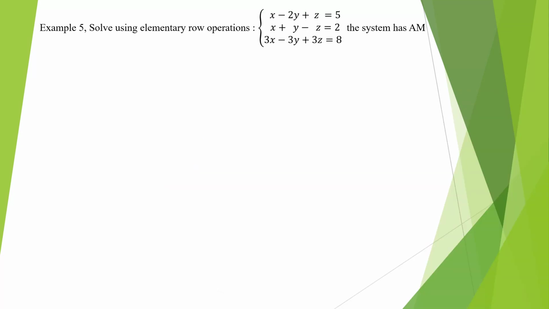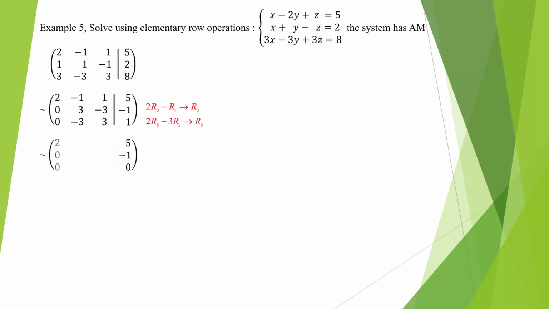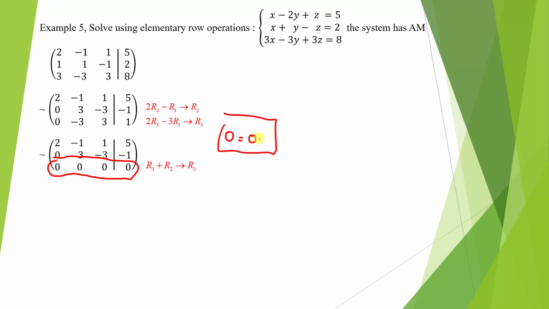And another point, like this one: if row 3 has left hand side 0 and right hand side 0, it means that 0 is equal to 0. 0 equal to 0 means the system is consistent.